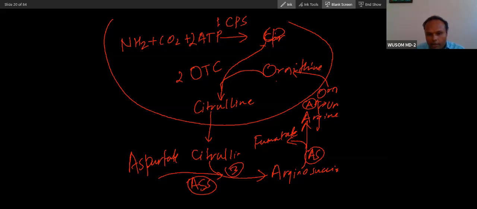So you can easily remember the three enzymes outside the mitochondria by ASS, AS, and A. The two enzymes inside the mitochondria you have to memorize. The first and second enzymes are inside the mitochondria, the fusion anabolic steps, and the third step is outside. The last two steps involve removal of fumarate and urea.